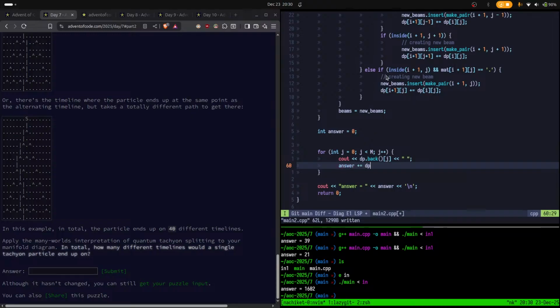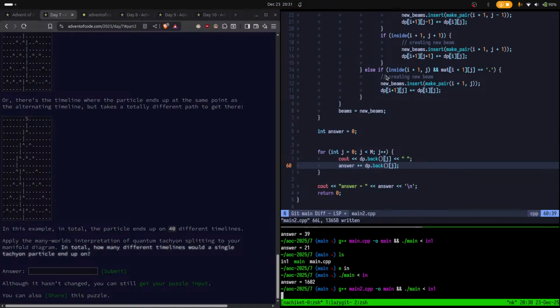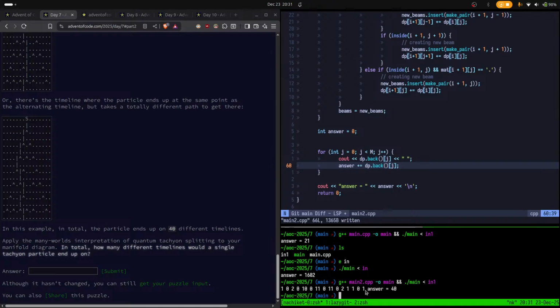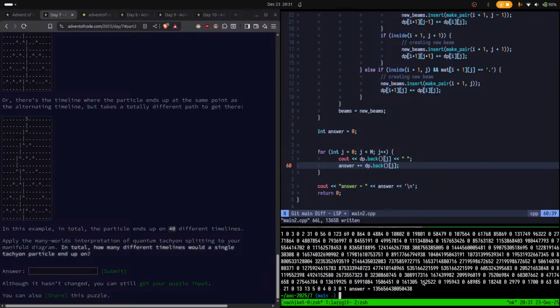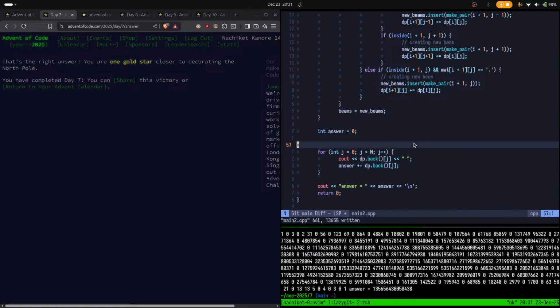Answer plus equals. So we got the answer 40, like we had. Let's try it now. Quite large. Looks good.